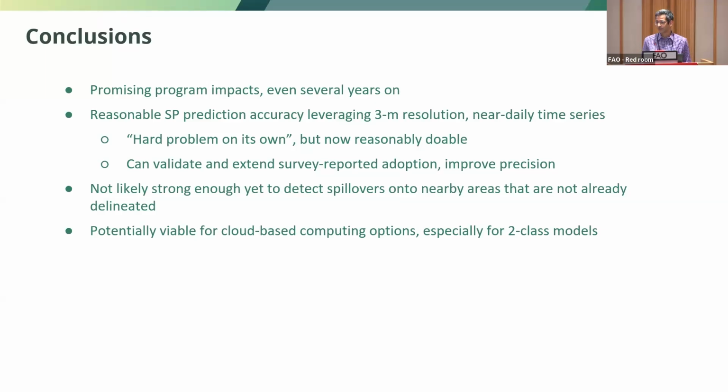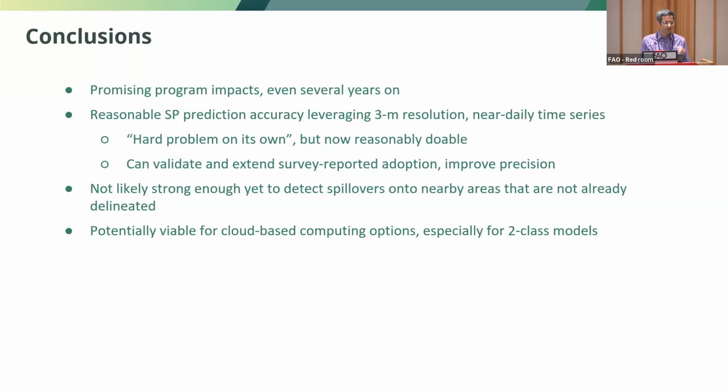And as I think I've already complained to at least several people, there's not a great crop map that already captures kind of baseline main classes in a place like Ethiopia in most of the world, despite recent advances by ESA and others. So it was very hard to believe that a 70% accuracy rate would get us reasonable adoption detection in the rest of the villages beyond the specific plots.